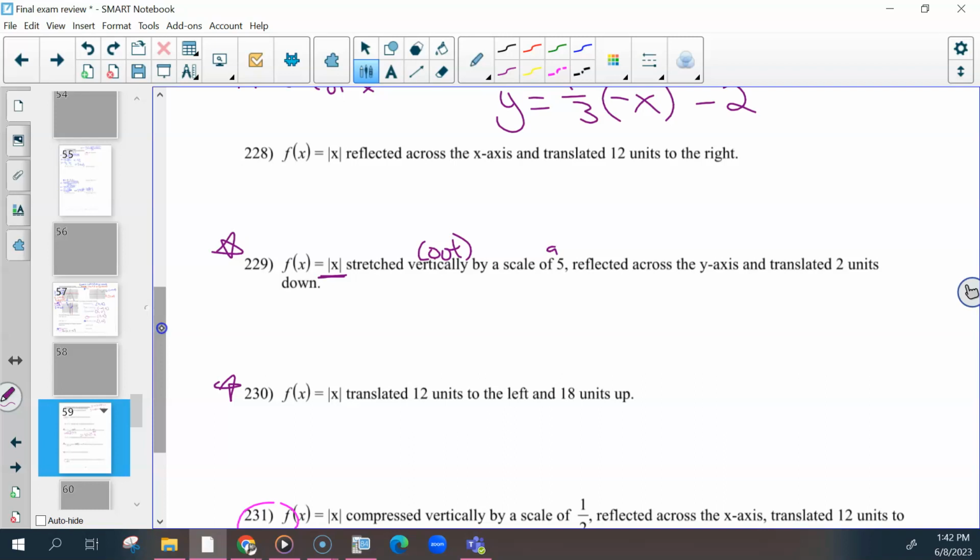Reflected across the y-axis, again, that's horizontal. So it's going to be inside, but it's going to be in front of x. And then translated 2 units down. These are basically the same. So this is also going to be on the outside, and that's your k.